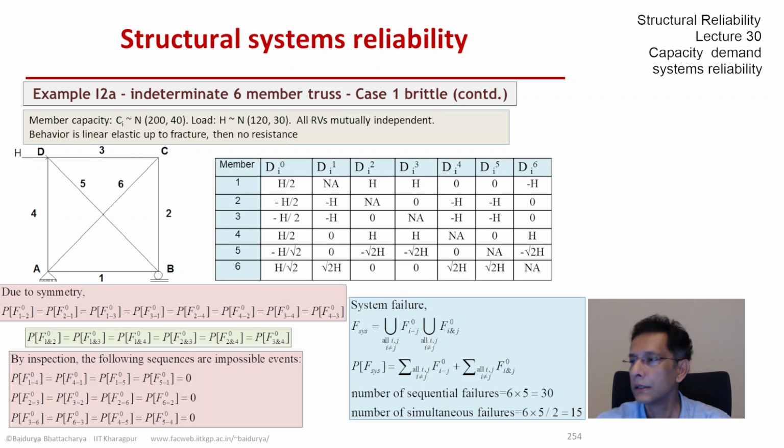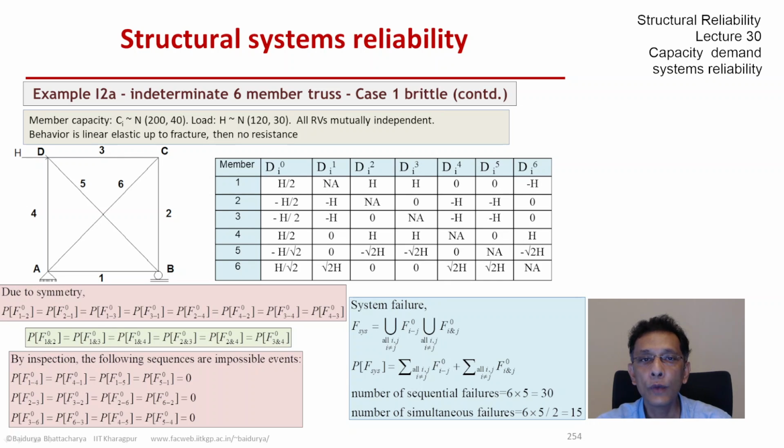But this is the description of the entire system failure event. It's the union of all the sequences and the union of all the simultaneous failure events, and it so happens the way we have defined this, they are all disjoint because if it's 0 and then i then j, then obviously it is going to be disjoint from all other sequences in another event when another member fails first and some other member fails second.